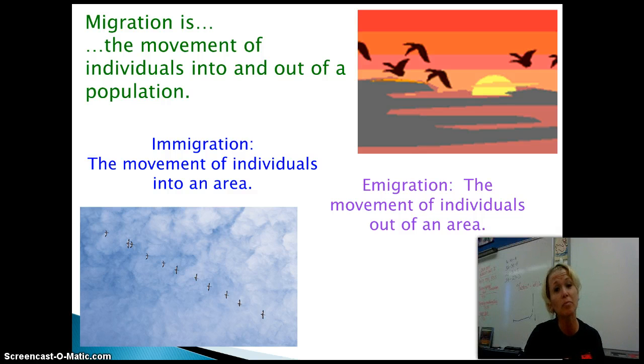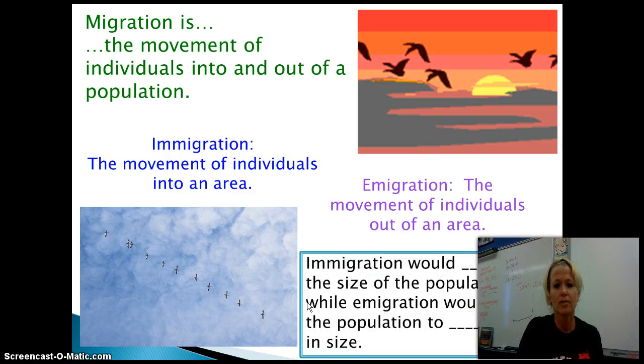And obviously, if people are coming and going, that's going to affect the population. So immigration would increase the population. So what do you think emigration would do? Decrease. So immigration increases, emigration decreases.